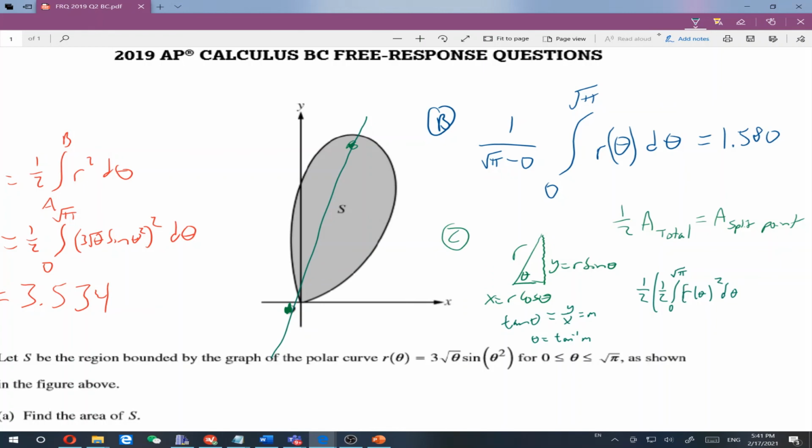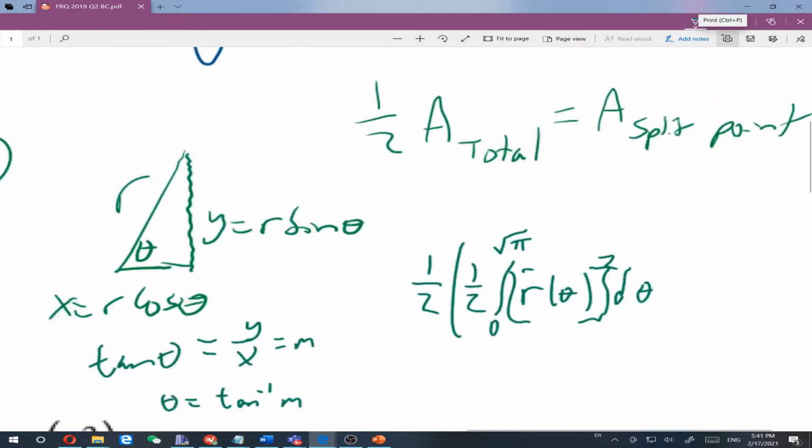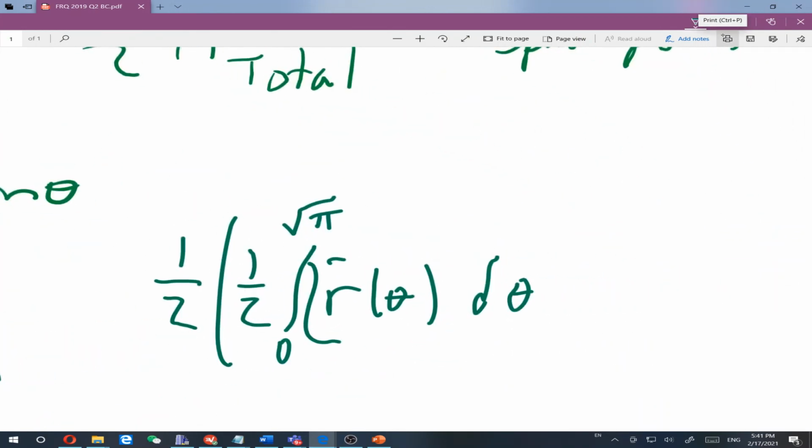Okay, r squared d theta. I'm going to go ahead and throw those in parentheses here. I'm going to clean that up a bit now that we're zoomed in.